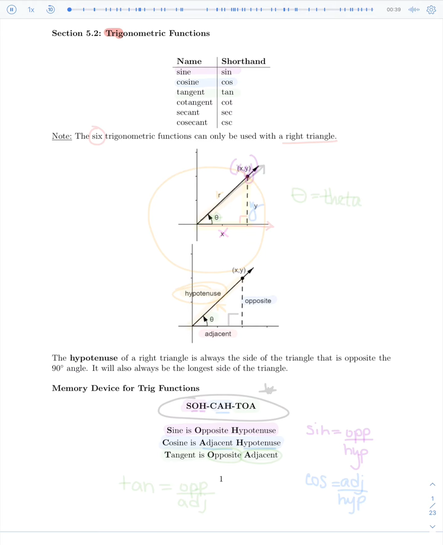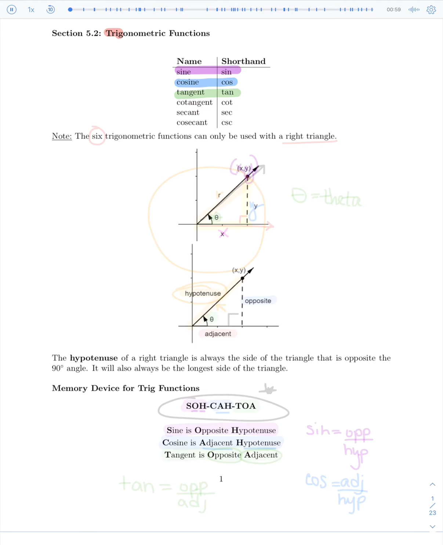So the 3 main trig functions that we'll see are sine, cosine, and tangent. Those are your 3 main trig functions.